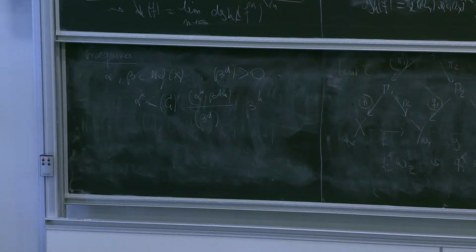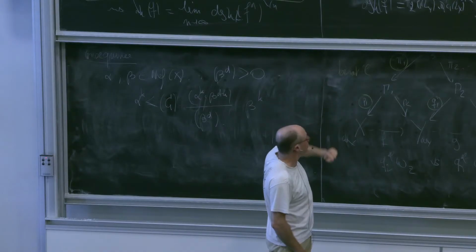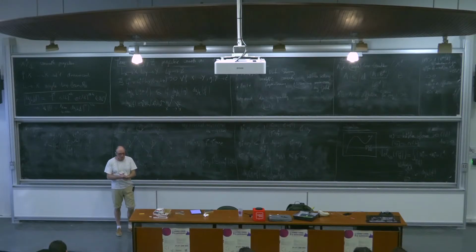There also exists an analytic proof with a better constant. Once you have this, you can play exactly the same game. I'm cheating at some point here, but playing exactly the same game with the same diagram, you get the submultiplicativity there. And then I think I need to stop, so thank you.